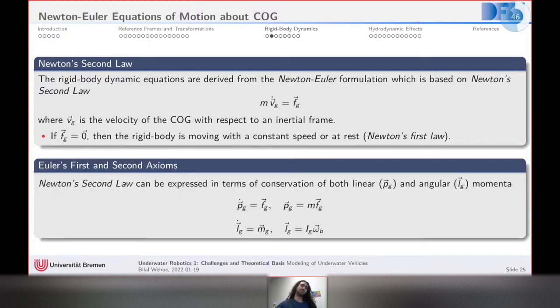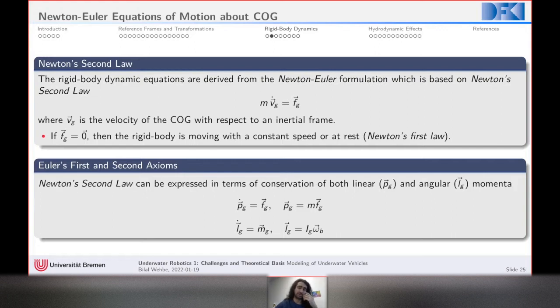So another axiom, or the first and second of Euler's axioms, which are kind of the extension of Newton's second law, formulate the motion of a body with respect to linear and angular momenta. The linear momentum G, the subscript here means that it's at the center of gravity of the body.